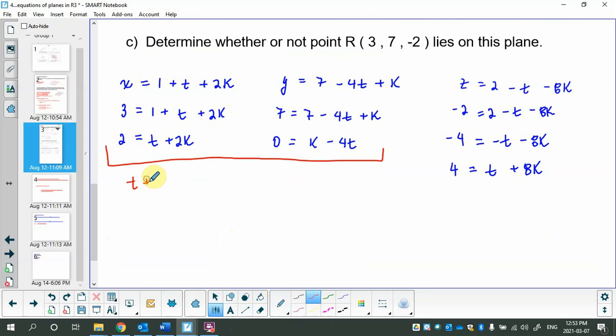So t plus 2k is equal to 2. And k minus 4t is equal to 0. I'm going to do substitution. I'm going to take this 4t across the equal sign and make it positive, adding on to a 0. Then I'm going to replace this k with 4t, but everything else is going to stay the same.